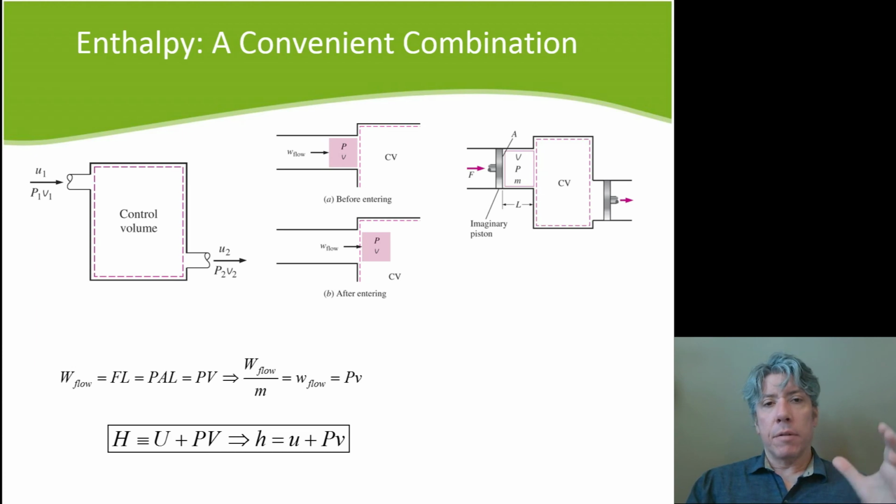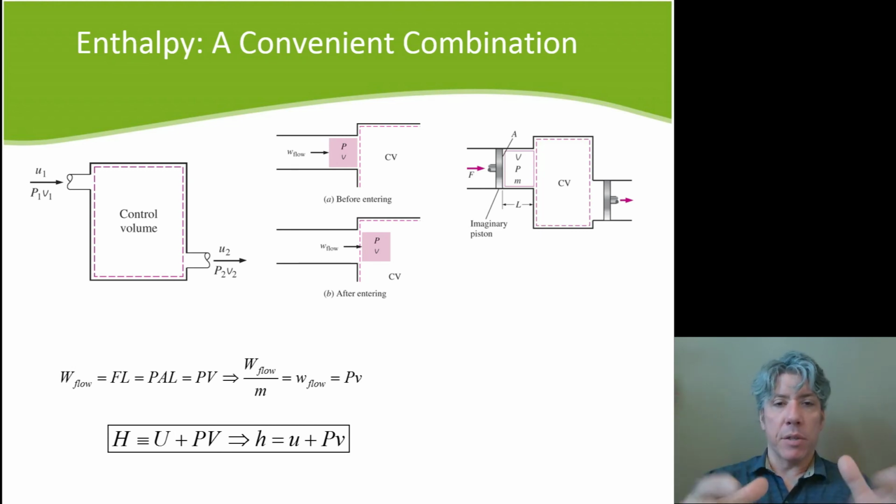When you have a volume that is pressurized and you push some mass into it, it takes work to do it. What do I mean? Well, think of a pipe going into a pressurized container, or better yet, how about some air going into a tank? Let's think of a certain package of air.